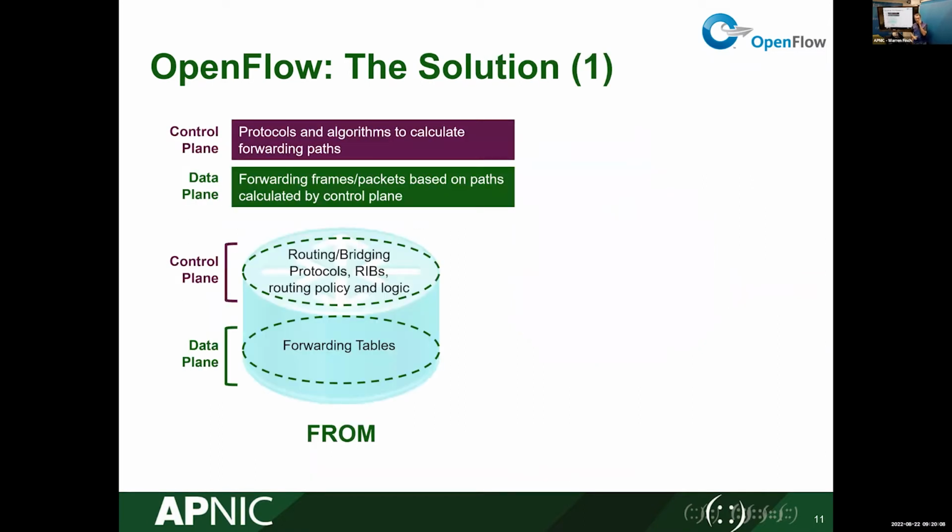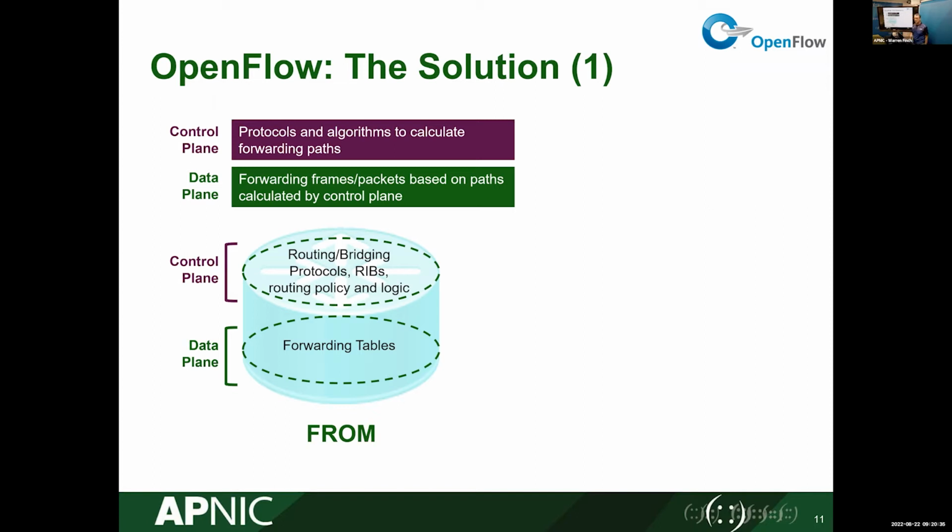They said, okay, why don't we take the control plane, which has all the different protocols and the mechanisms that we use to calculate the forwarding paths or the best path. And we've also got the data plane, which is how we send the packets out on the network. So we've got those on the one device. So we've got things like our routing information bases all on that one device.